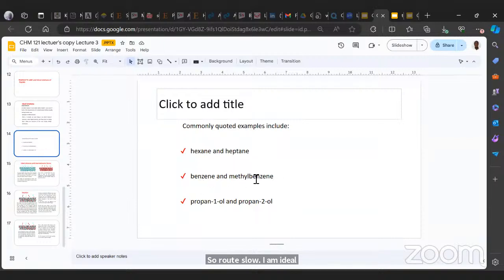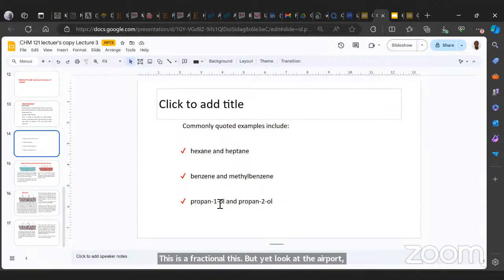Look at benzene and methyl benzene. Their polarities, their everything is close to each other, and yet they will mix together and they can be separated using fractional distillation. Their properties are very similar.